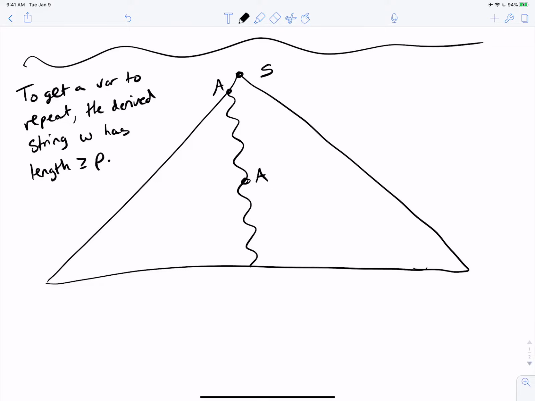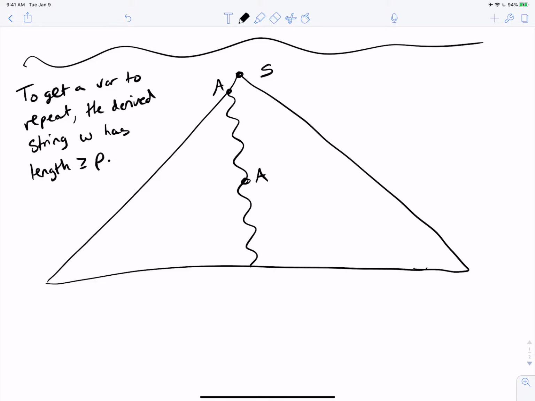So some number p, as long as it's at least that length, then there must be a repetition in the variables no matter what. And we know that is the case because there are only a certain number of variables. We could figure out what that number is, or at least the lower bound for what it needs to be, but we're not really concerned with that. So as long as it has length at least p, then there's a repetition in the variables.